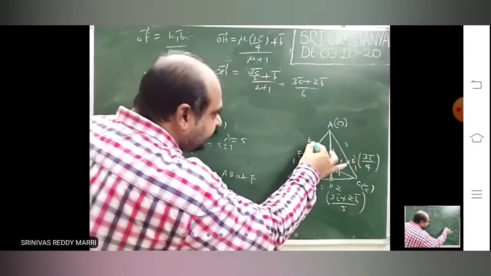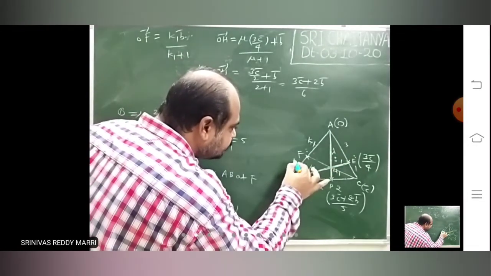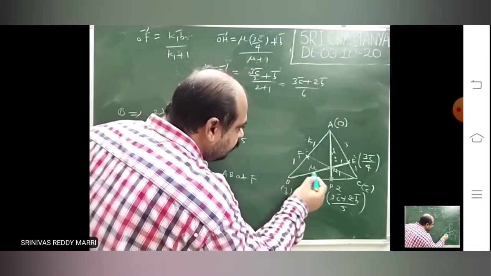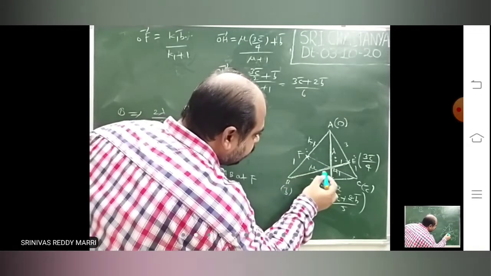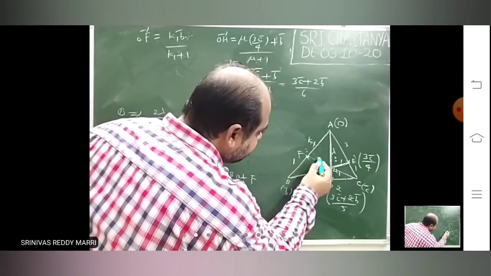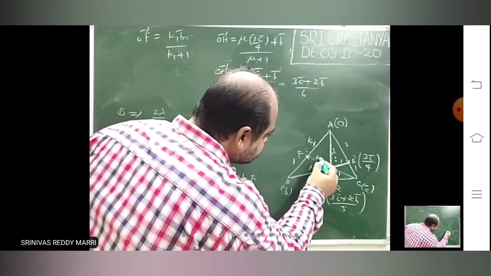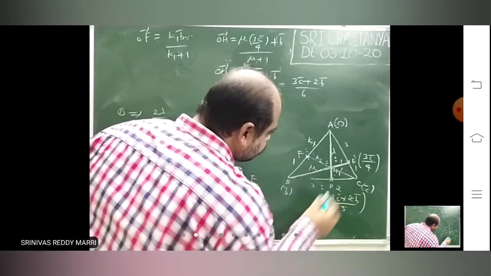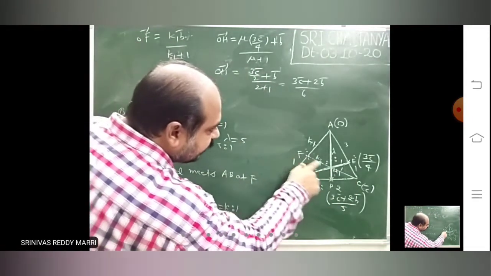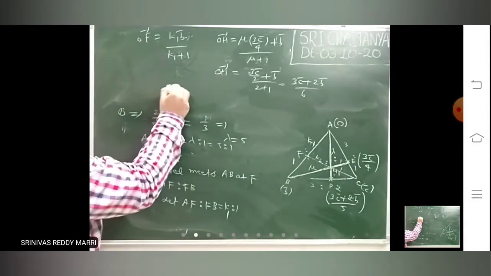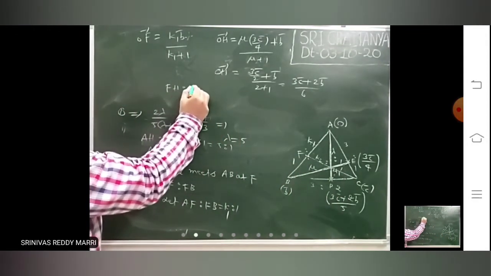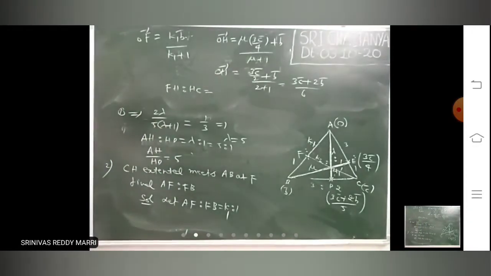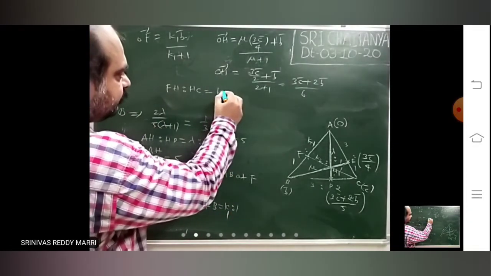Look at, I have taken this ratio as K1 is to 1. Now look at, I am taking this ratio K2 is to 1. I am taking FH is to HC, K2 is to 1.